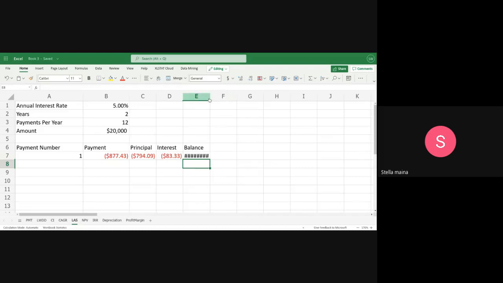Whatever has a bracket is usually a negative value, even in accounting. So that's why when you just take the amount minus the principal, it automatically subtracts that value. Okay. So that's the balance you have for your loan.